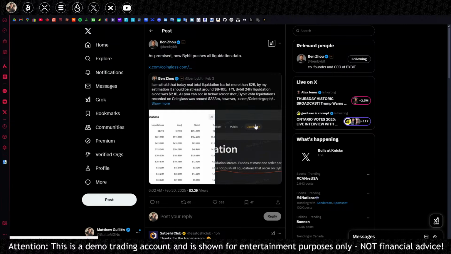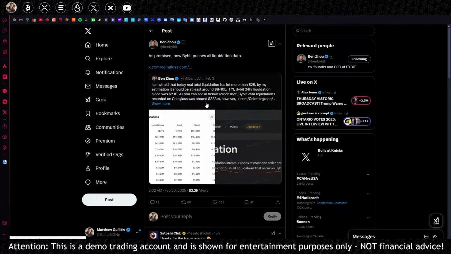So he took the initiative, I guess, to start digging into this a bit further and said that he would publicize all the liquidation data that the exchange has, right?